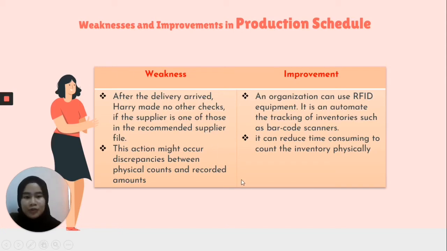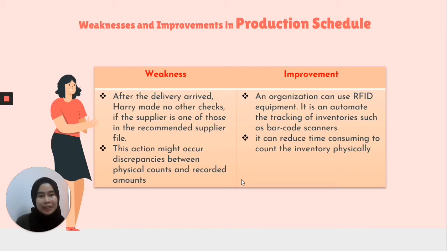So to improve these actions, an organization can use RFID equipment, which automates the tracking of inventory, such as a barcode scanner. So it will be easier to record movement of inventory, thereby maintaining accurate perpetual inventory records. Other than that, using RFID can also reduce the time consumed counting the inventory physically.